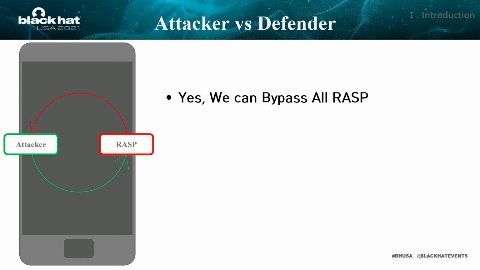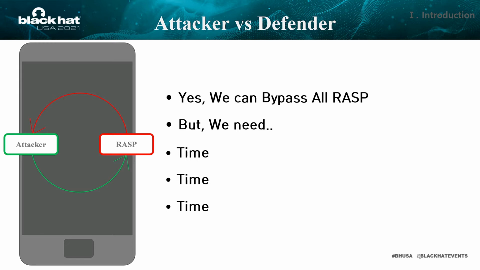So what's the problem? The problem is time. They also know that RASP cannot completely define the attacker. The purpose of RASP is to annoy the attacker as much as possible and increase the time required for the attack. There is no perfect mechanism and we are in a state of continued fight.